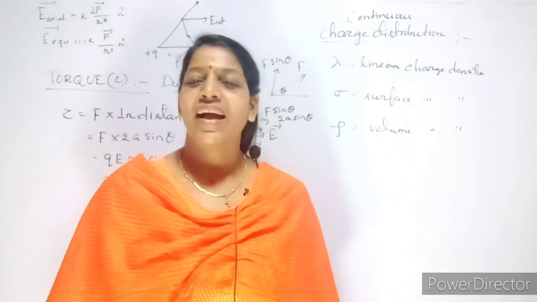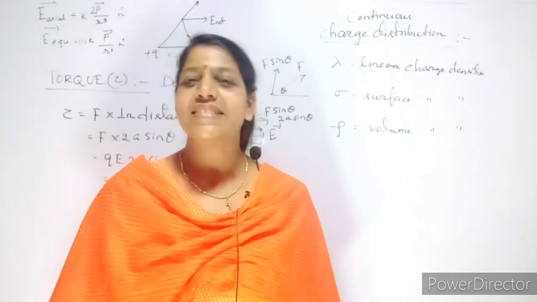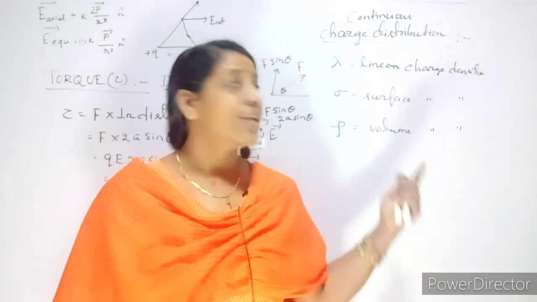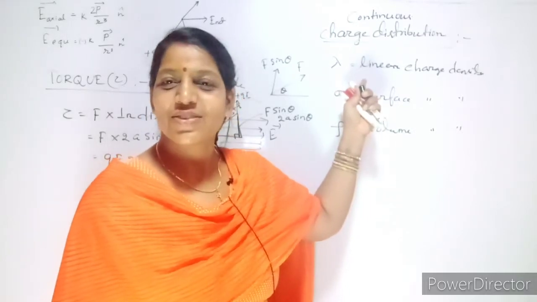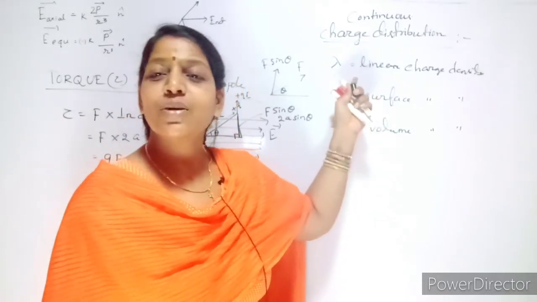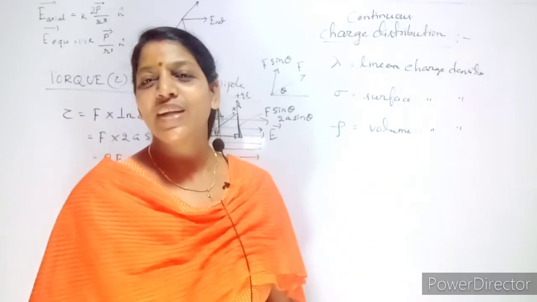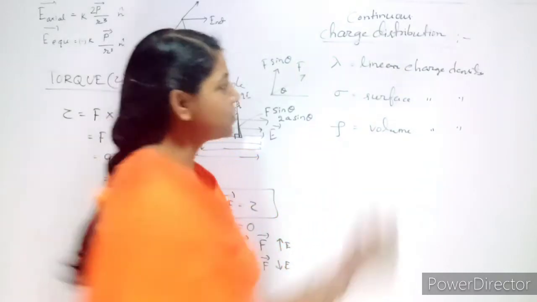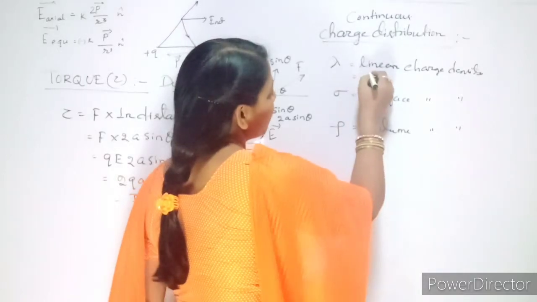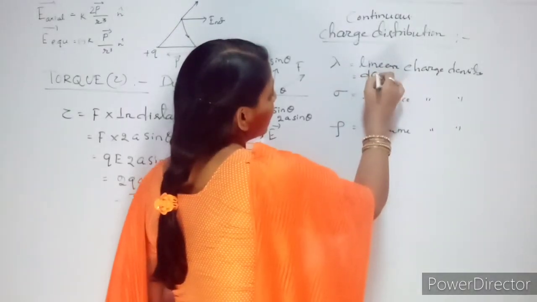Similarly, here we are talking about charge. So how much charge is distributed per unit length is called linear charge density. So for lambda I will write dq by dl.